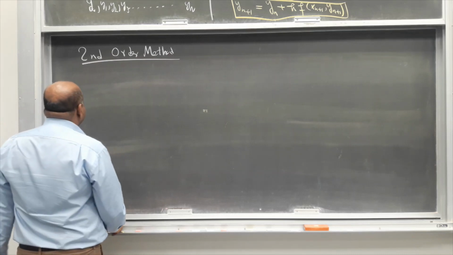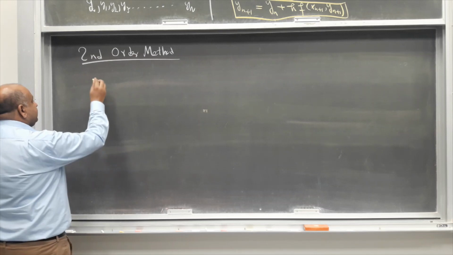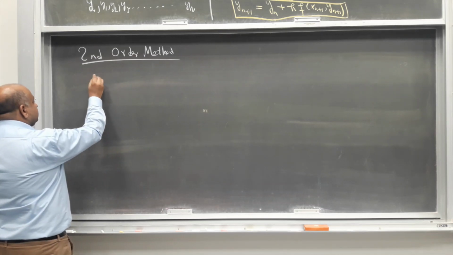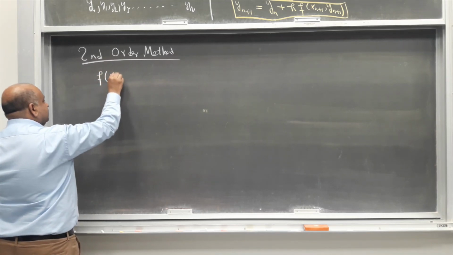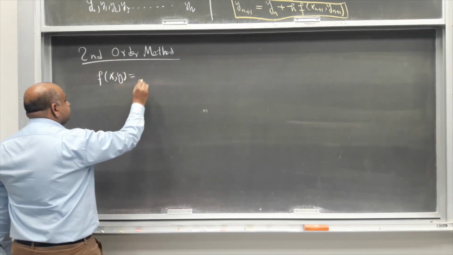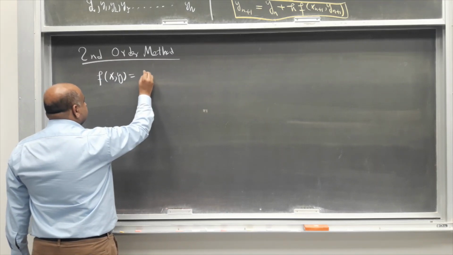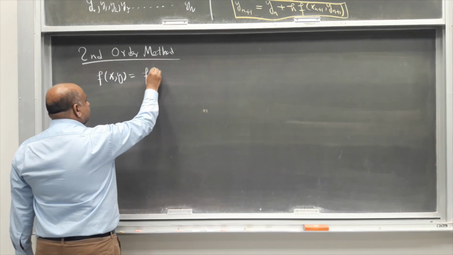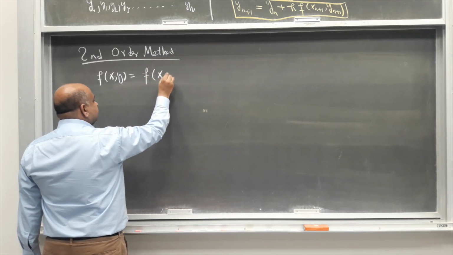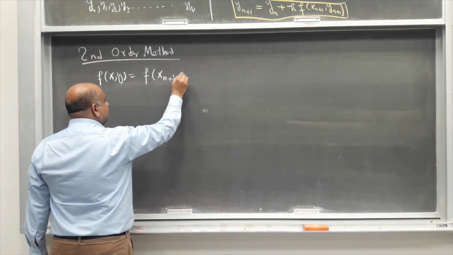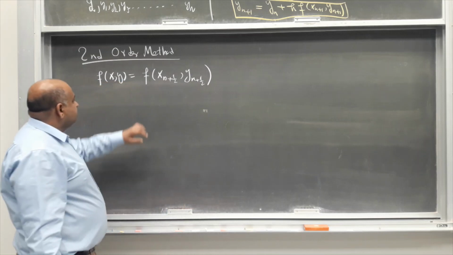There are several ways to get second order methods, but let me get it using this approximation, where I approximate f of x, y with two terms in the Taylor series around x_{n+1/2}, y_{n+1/2}.